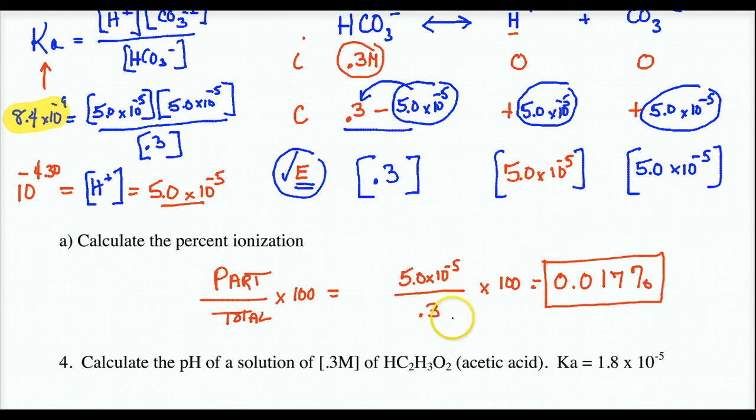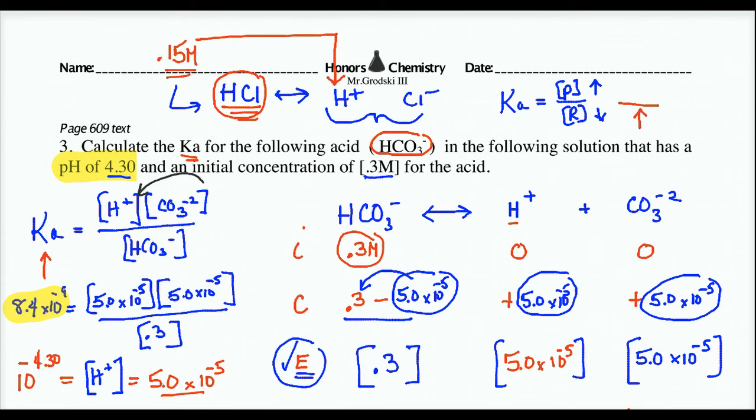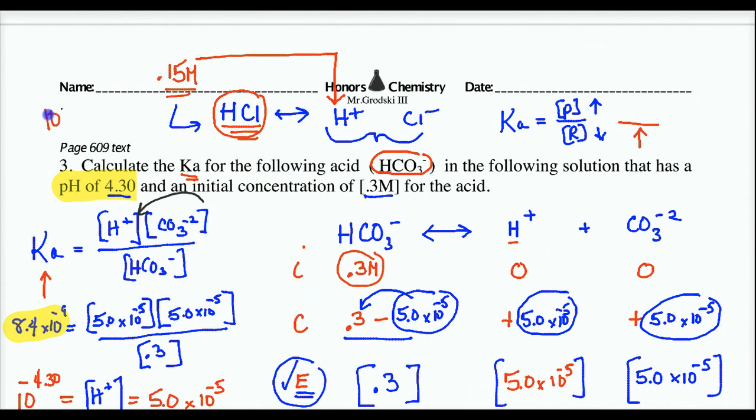That's the percent ionization, which means that is the percentage of HCO3 negatives that actually do dissociate into its proton and its conjugate base. That is a small percentage. That's why it is a weak acid. Weak acids barely dissociate. What would be the percentage if it was a strong acid? It would be approximately 100%.